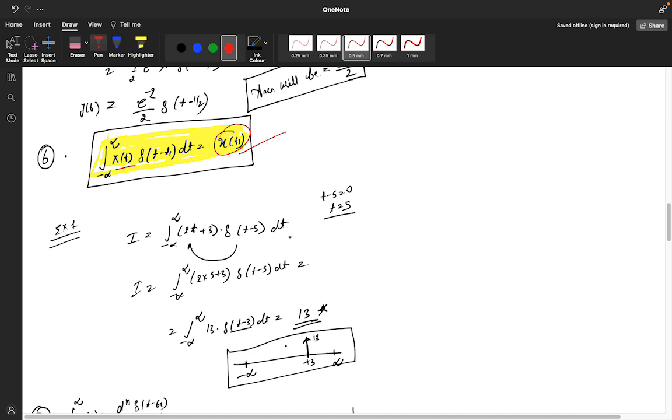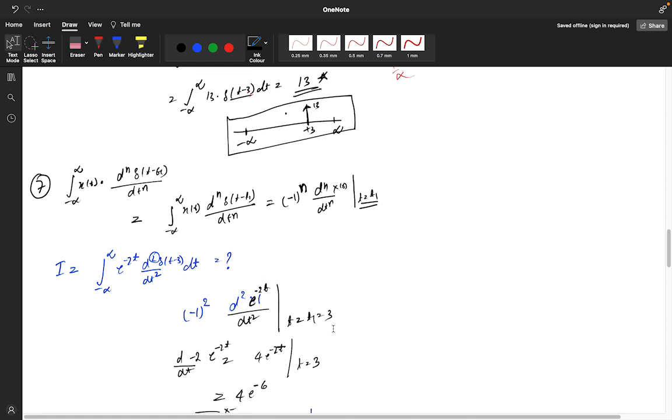You have to substitute the t value as 5, so you will get 2 into 5 plus 3, so 10 plus 3, 13, into delta t minus 5. From minus infinity to infinity, the impulse location lies within the range, so our value will be 13.